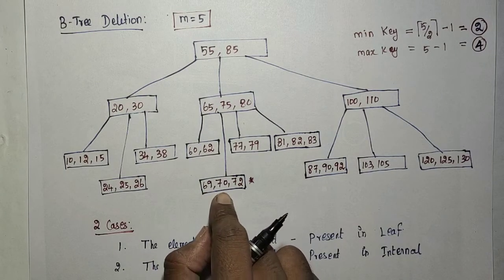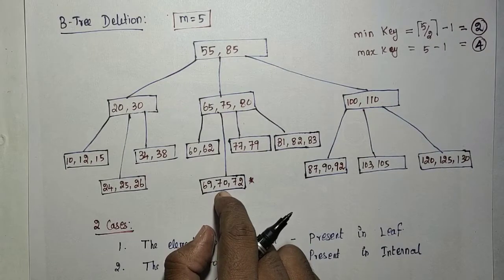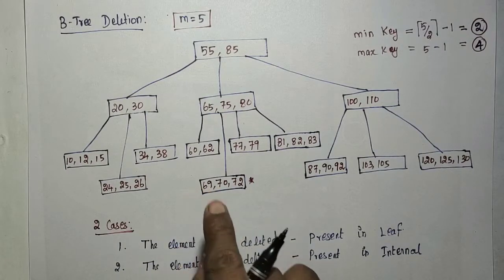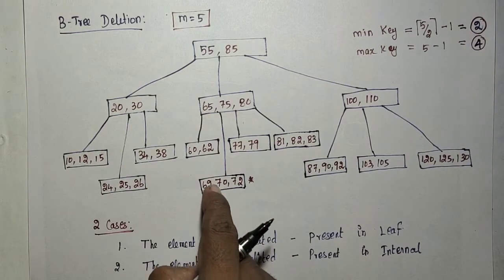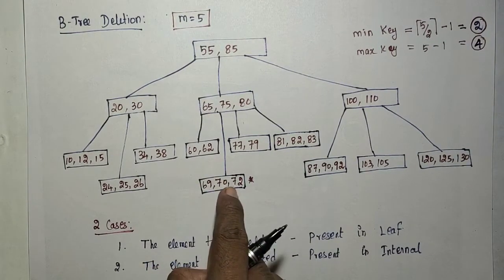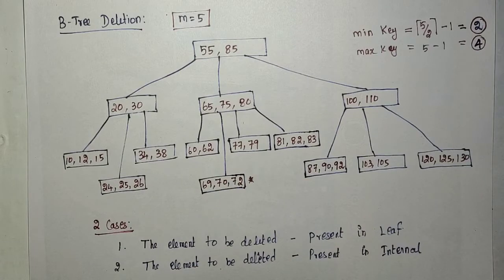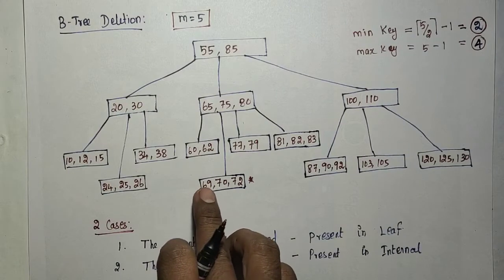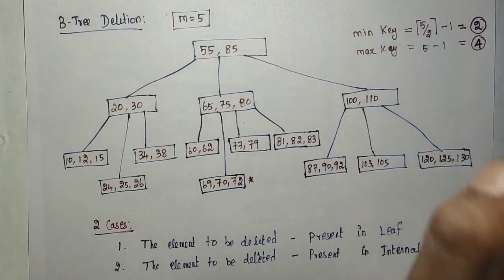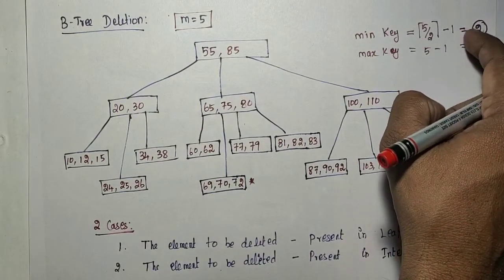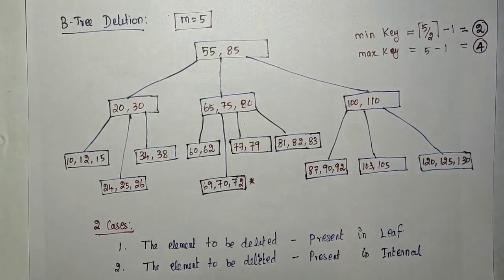If that node contains more than the minimum number of keys, then simply deleting that element will not violate the B tree rule. Simply we can delete it. In this case, the minimum number of elements is 2. For each and every deletion, I need to check whether the minimum number of keys is present in that node or not.